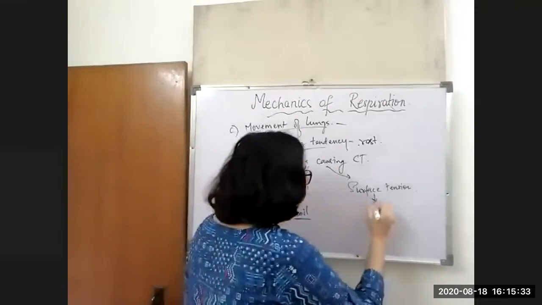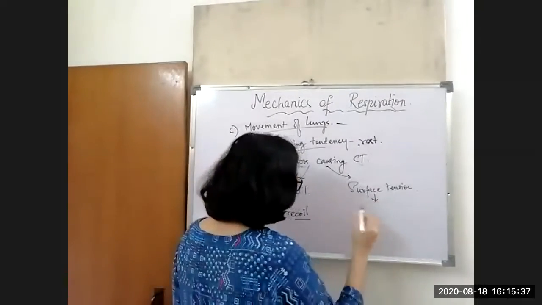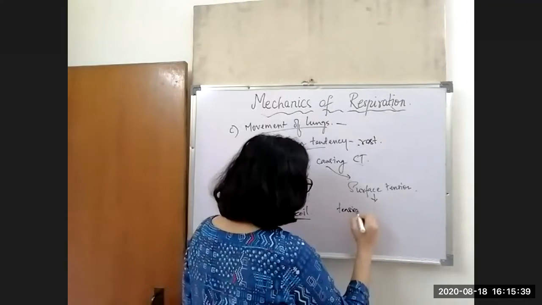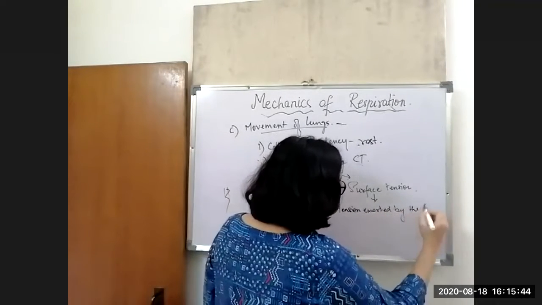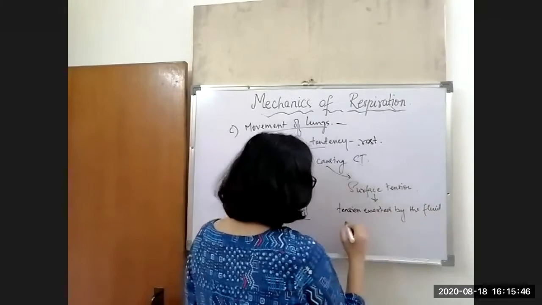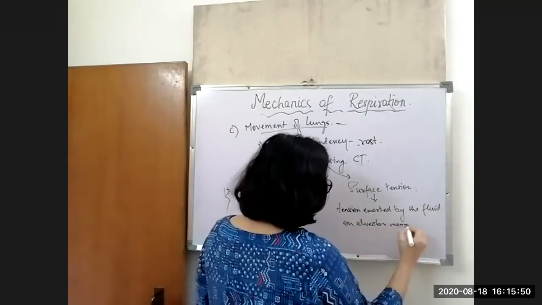Now, what is surface tension? Surface tension is the tension exerted by the fluid on the alveolar membrane.